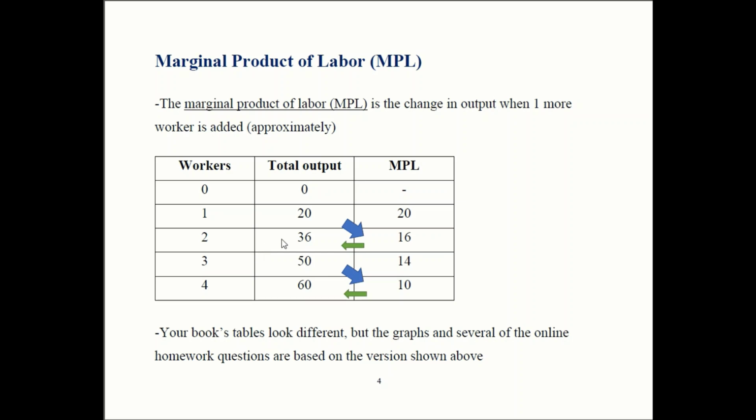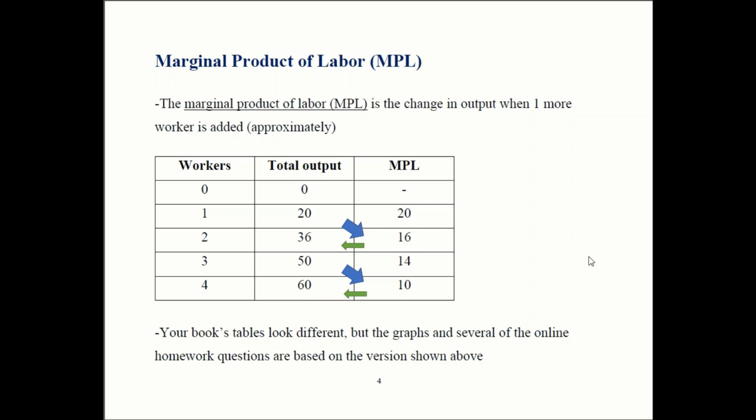That's an increase of 16. 20 plus 16 is 36, so the MPL in that case will be 16. If you hired a third worker, now your total output is going to be 50. 36 plus 14 is 50, so your MPL there is going to be 14. Lastly, if you hire a fourth worker, your total output rises to 60. That's an increase of 10, so MPL is going to be 10 in that case.